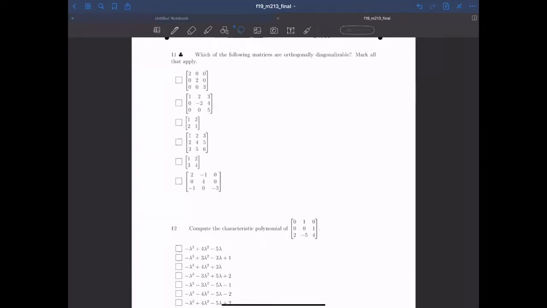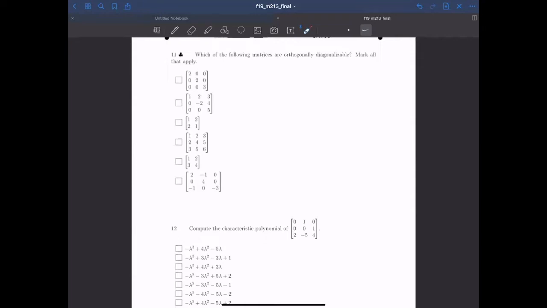So this question here is question 11, and again, this is on last semester's final. Which of the following matrices are orthogonally diagonalizable? Now, remember, if you want to determine whether a matrix is diagonalizable, it comes down to asking whether the algebraic multiplicity of every eigenvalue is equal to the geometric multiplicity.